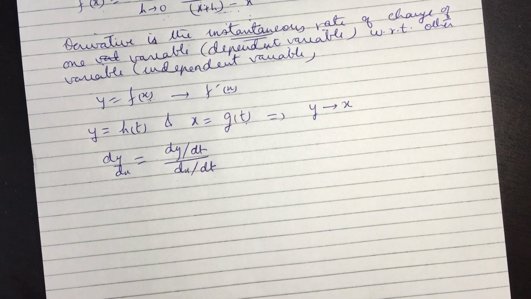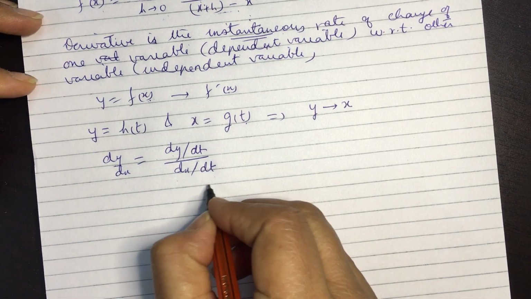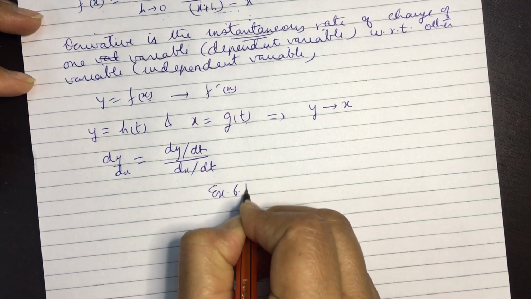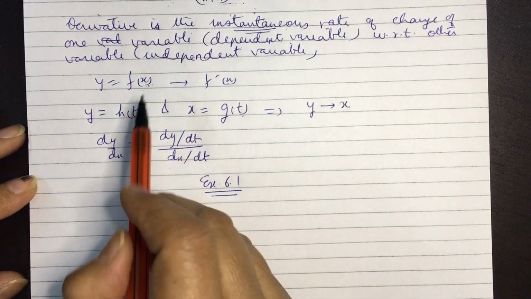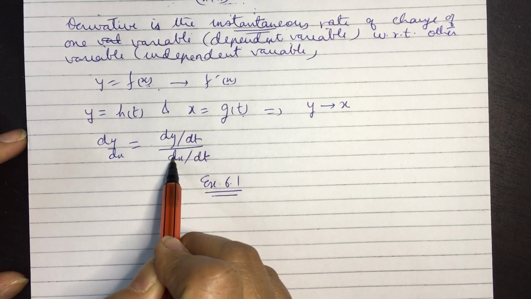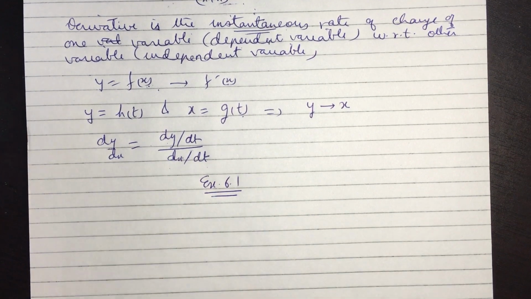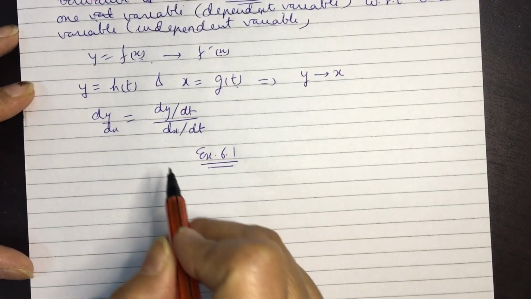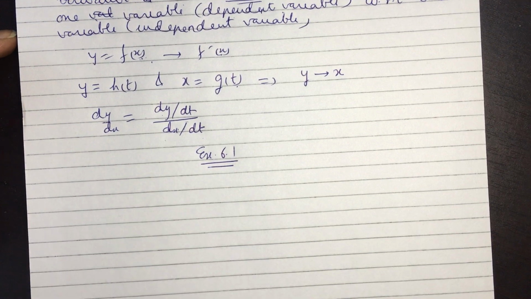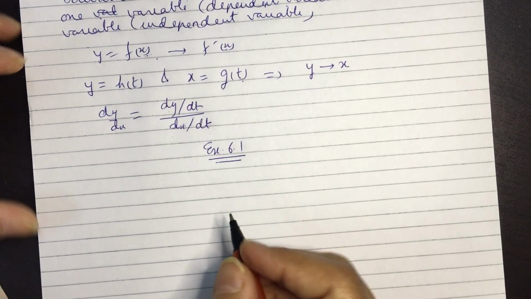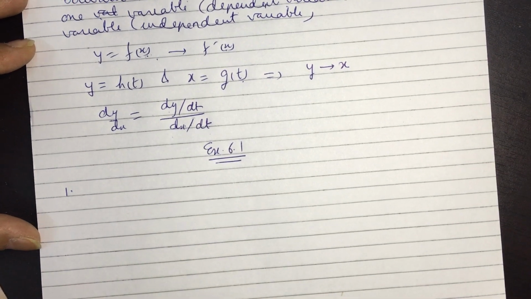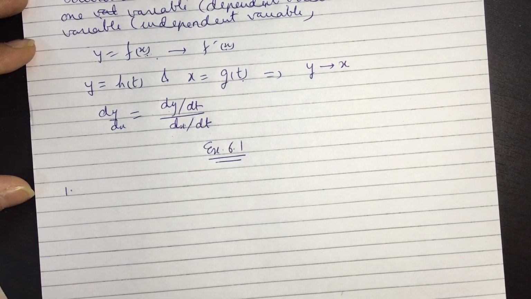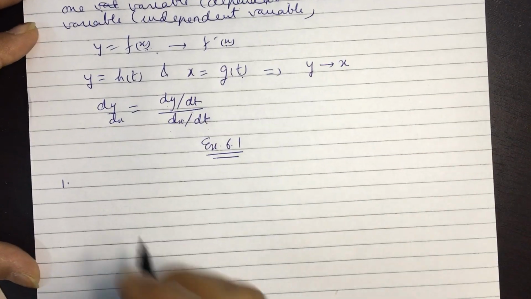So now let us start with the questions. Exercise 6.1. Here, whether the question comes in this category or in this category is decided by the units being used, so you have to be very careful while reading the question. Question number 1 says, find the rate of change of area of a circle with respect to the radius.